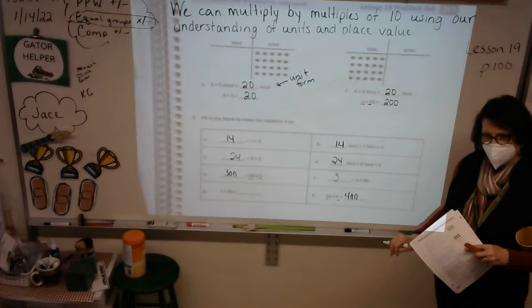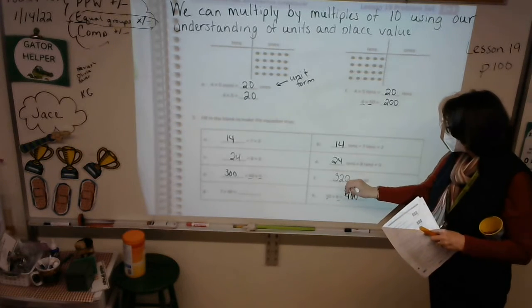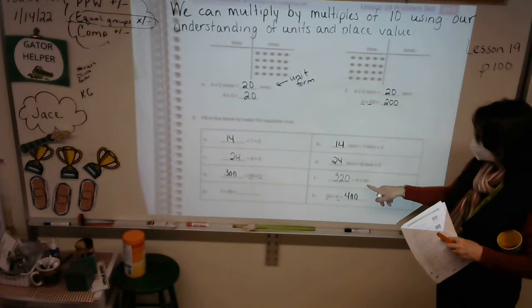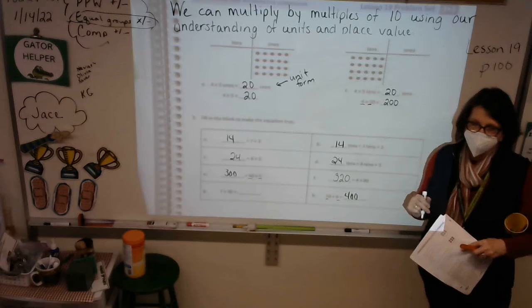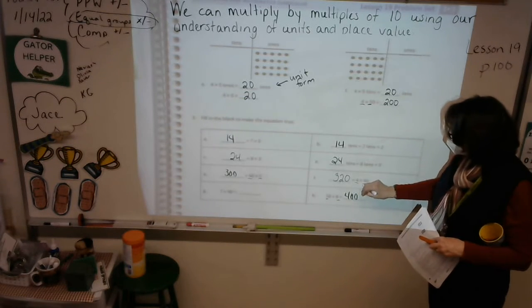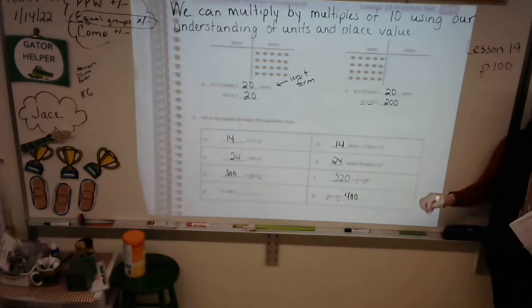What did you say, honey? 300 what? Yep. Equals. Yeah, and what hidden factor do you see, honey? 4 times 8. So if you know that 4 times 8 is 32, you just have to add a 0 because you're multiplying by a multiple of ten.